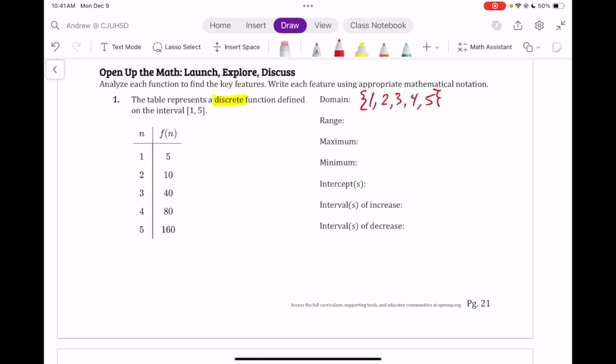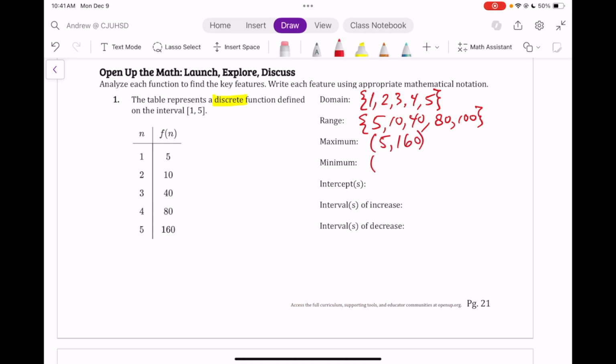So these are the 5 things you can have as input. And then for range, we'll do the exact same thing. So 5 and 10 and 40 and 80 and 100. For minimum and maximum, that's still going to be the same. Maximum would be at 5, 160.